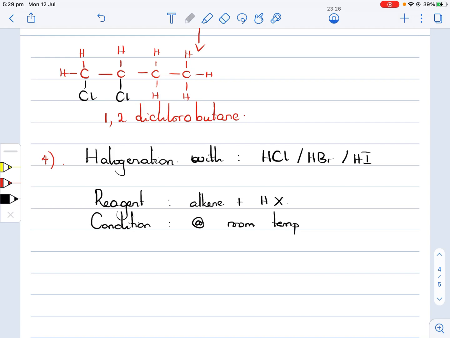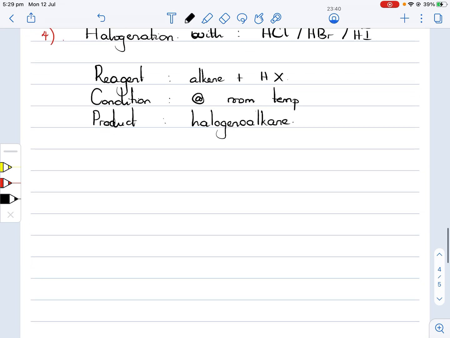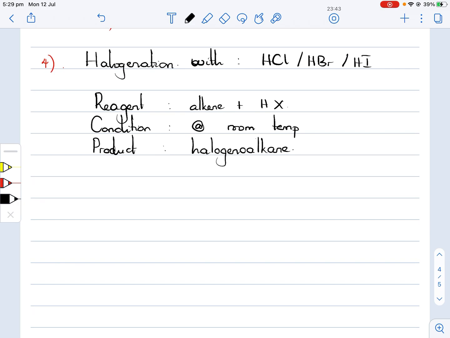And the final product that I'm going to have is going to be a halogenoalkane. Take note of the difference. This time I didn't say dihalogenoalkane. I just said a halogenoalkane because it would just be having one halogen in the final product.